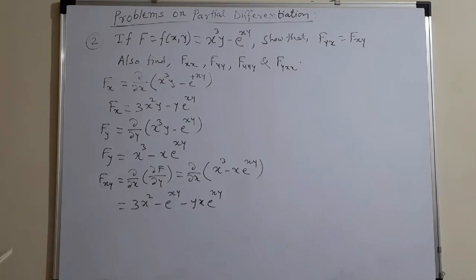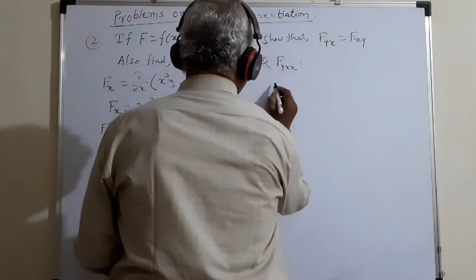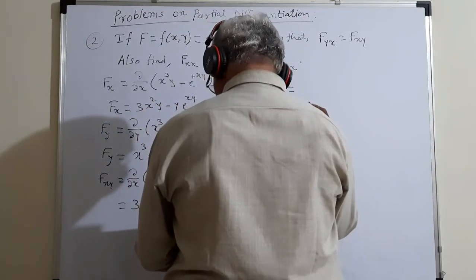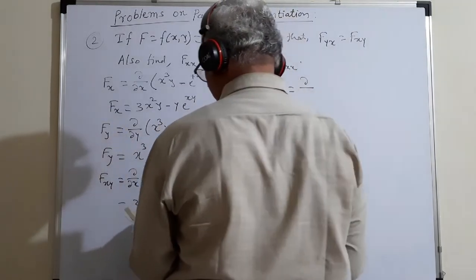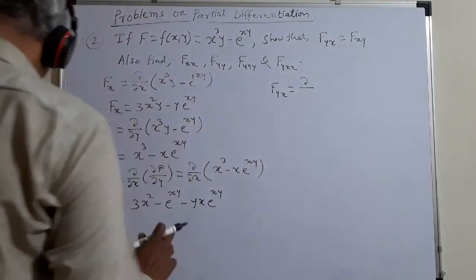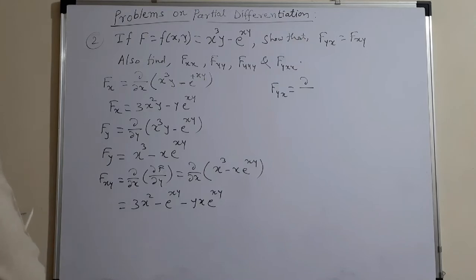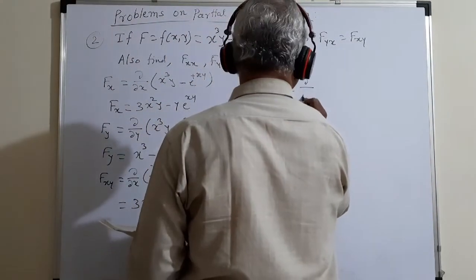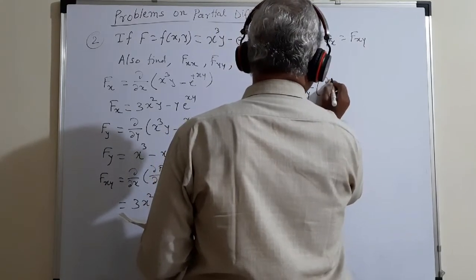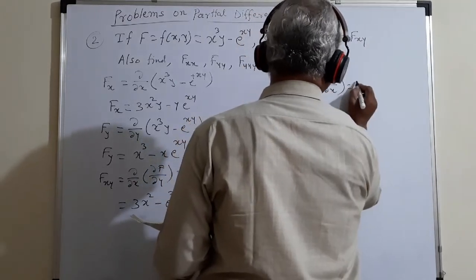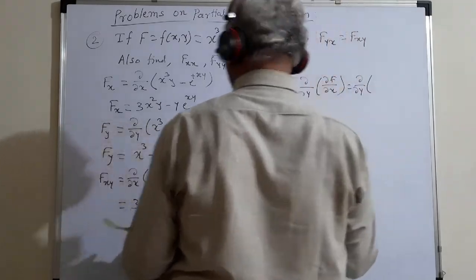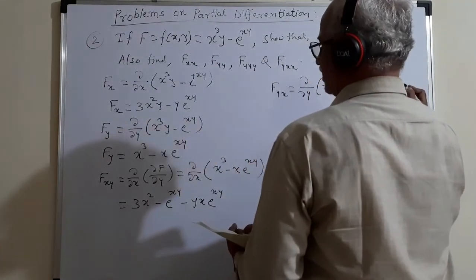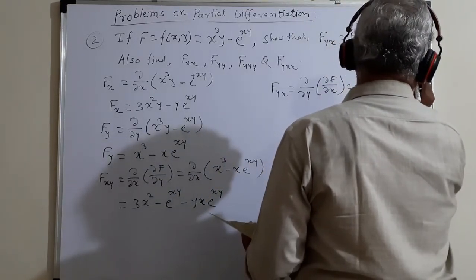Similarly, we can obtain the expression for fyx, which is nothing but dou by dou y of dou f by dou x, that is dou by dou y of 3x square y minus y e raised to xy.